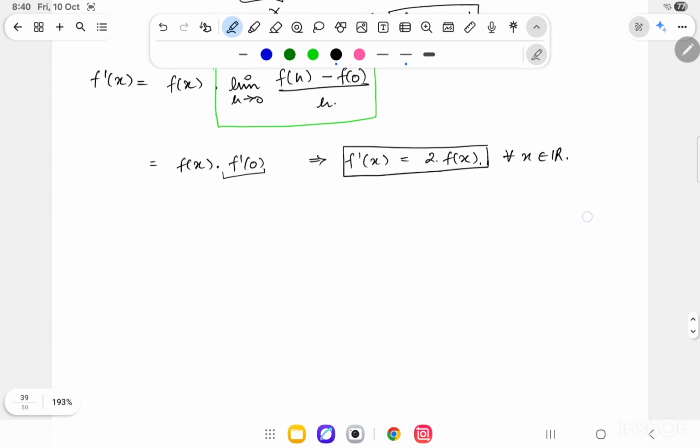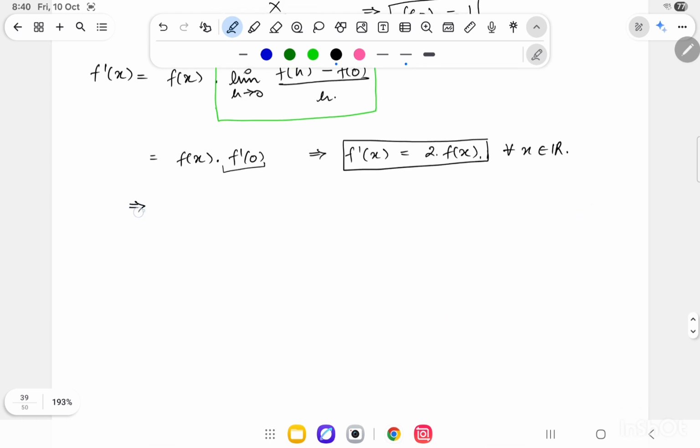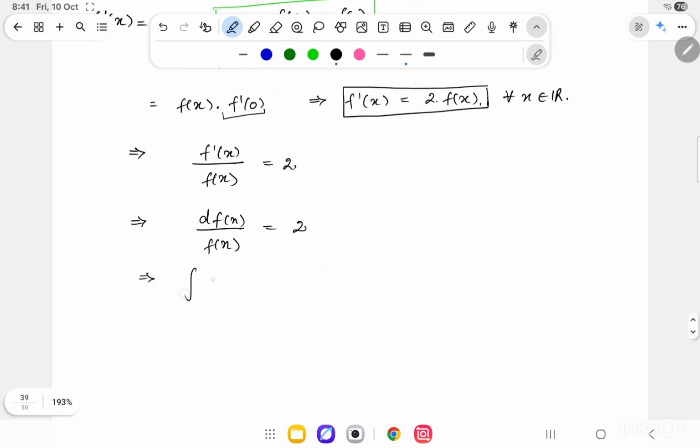Now we are supposed to find the value of the function f(x). So from here I can write f'(x) by f(x) equals 2, which can further be written as d of f(x) with respect to x divided by f(x) equals 2.